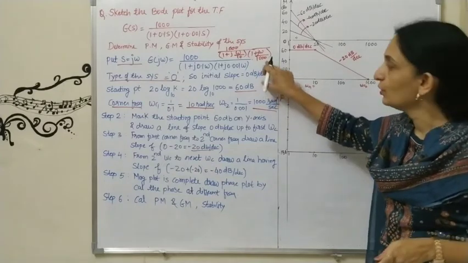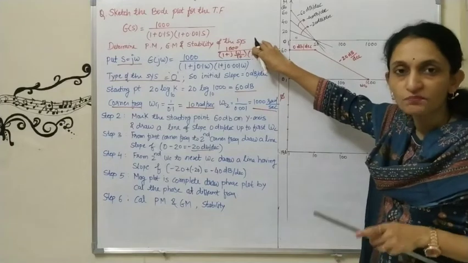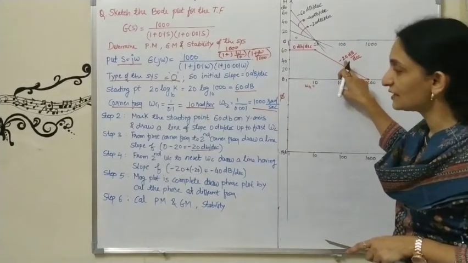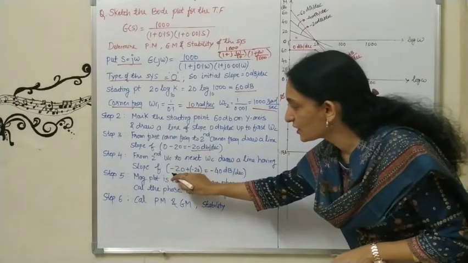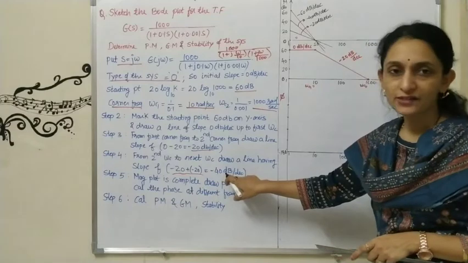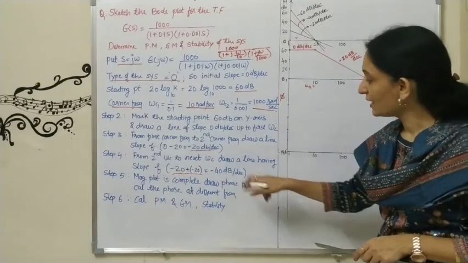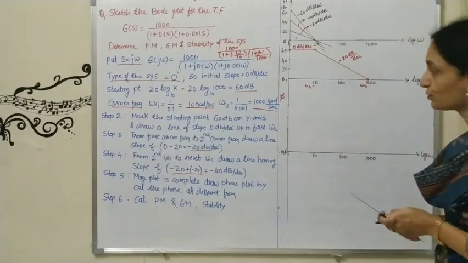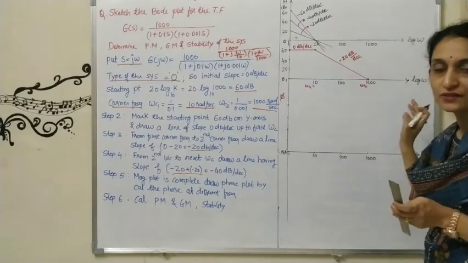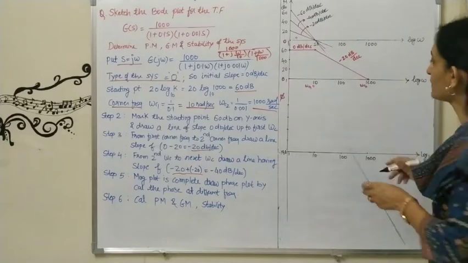So what you will do is add the line slope of minus 20 dB per decade to the previous line slope, which is minus 20. Look at this, the summation of minus 20, that is previous plus next, gives minus 40. So minus 40 dB per decade I need to draw, and the last corner frequency will be infinite, but the actual corner frequencies are 2.